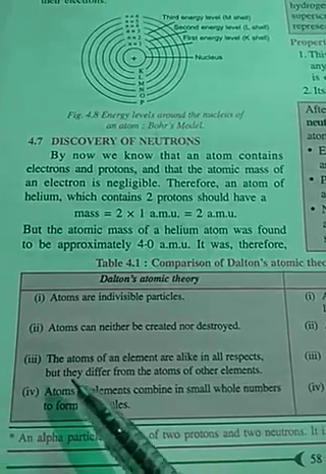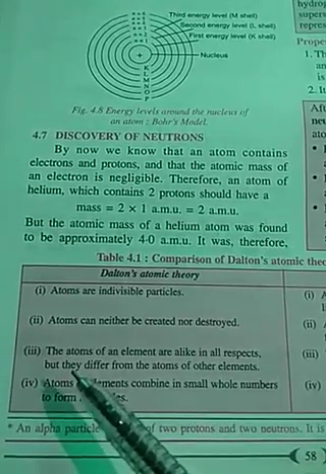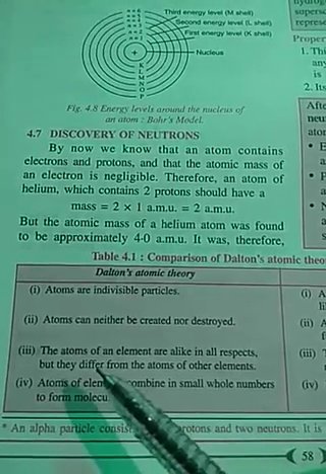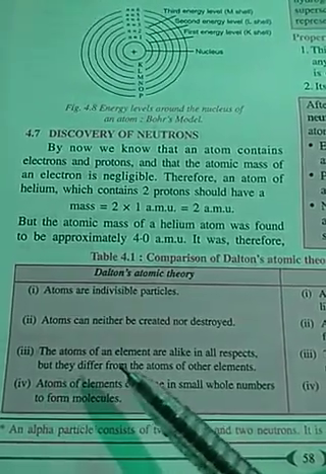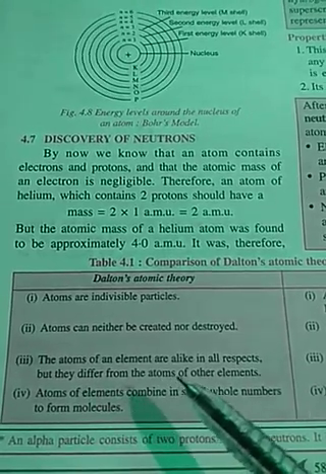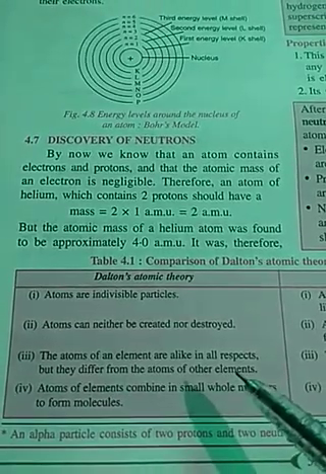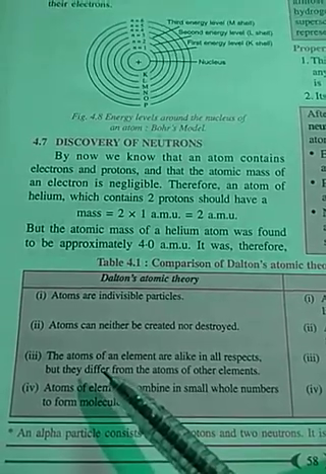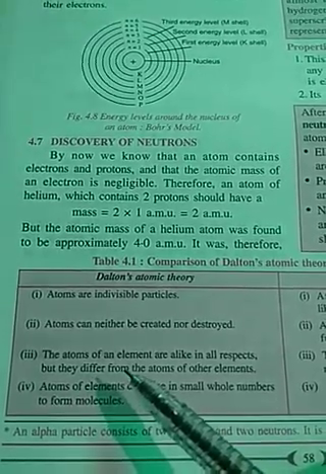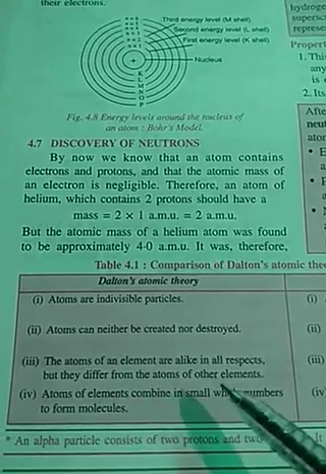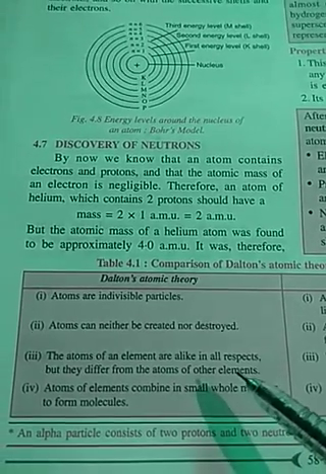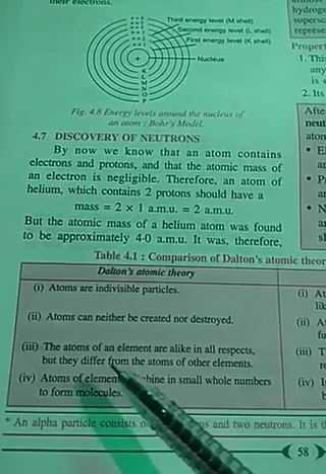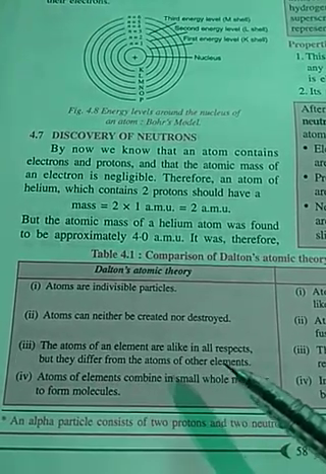First, I would like to clear the concept of the second line. The atoms of gold differ from the atoms of copper. Atoms of iron will all be attracted towards the magnet, but atoms of aluminium will not be attracted. So atoms of one element differ from the atoms of another element.